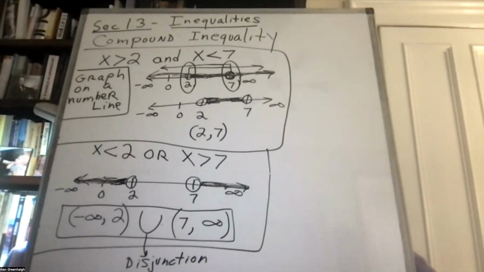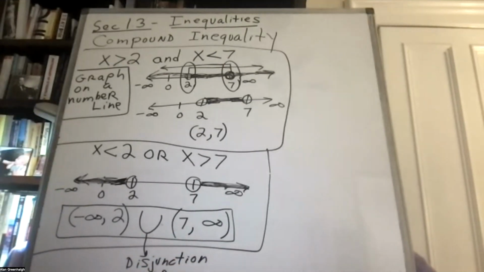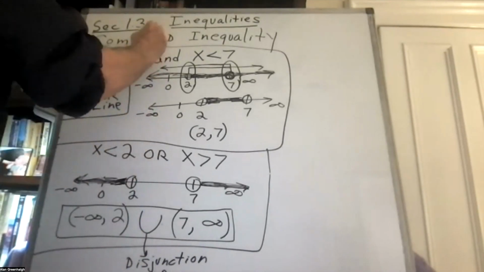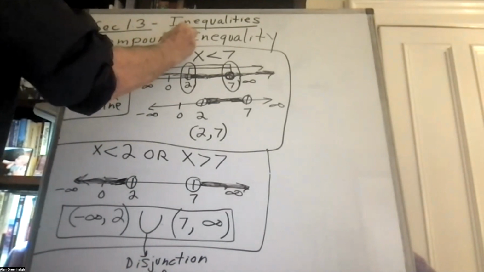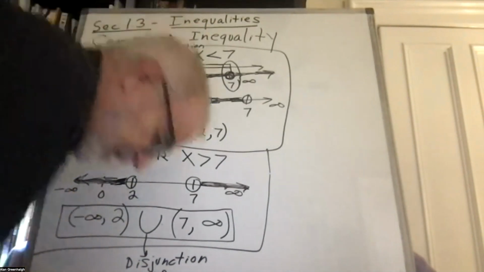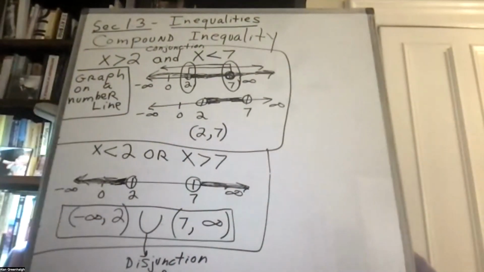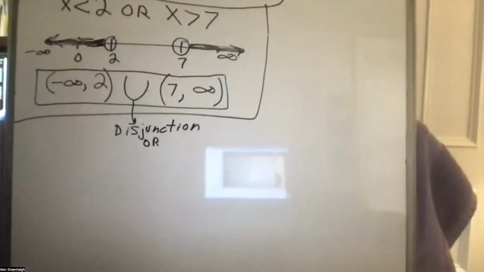Okay, thank you. That means or. And means conjunction, but you don't use the conjunction symbol for that for some reason. I don't know. You just don't. Conjunction is the upside down U, but you don't use that.